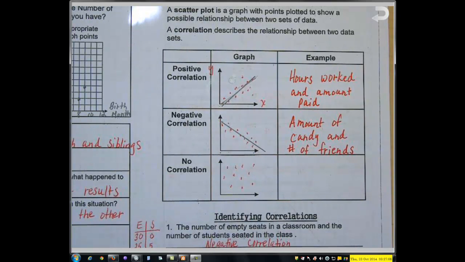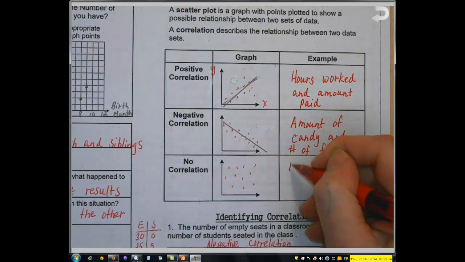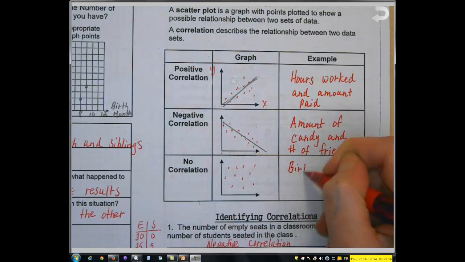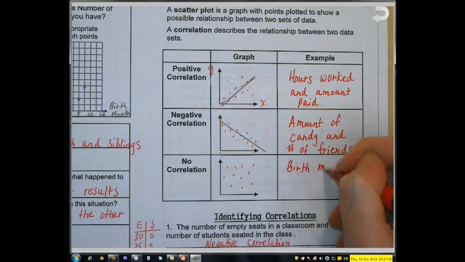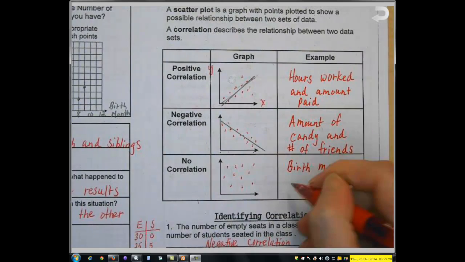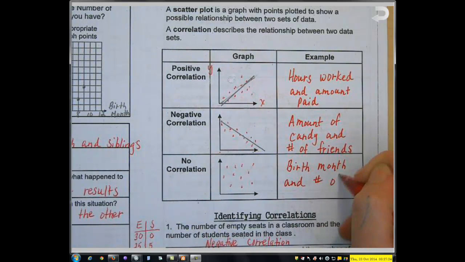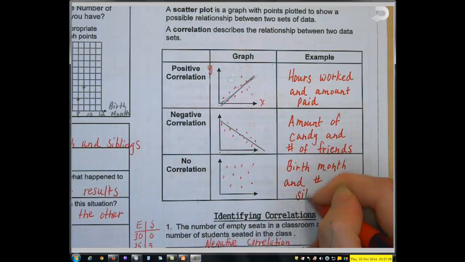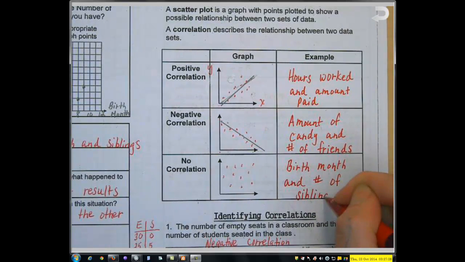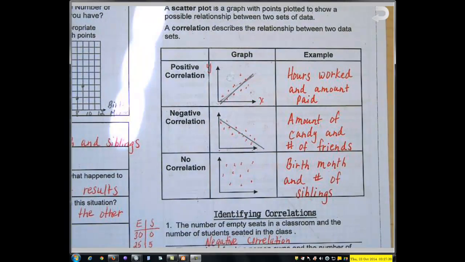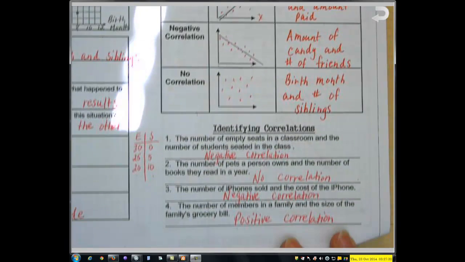And an example of no correlation was our example where we had the relationship between the birth month and number of siblings. There was no relationship between those whatsoever.